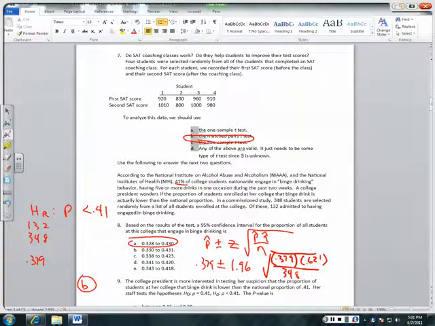And working that all out, I do get 0.328 to 0.4299, or about 0.430, so we got that right.